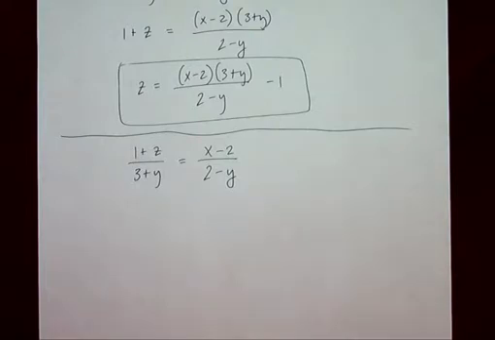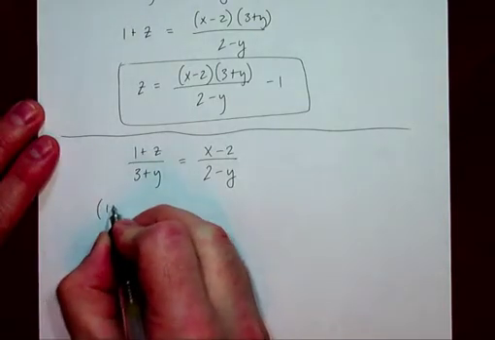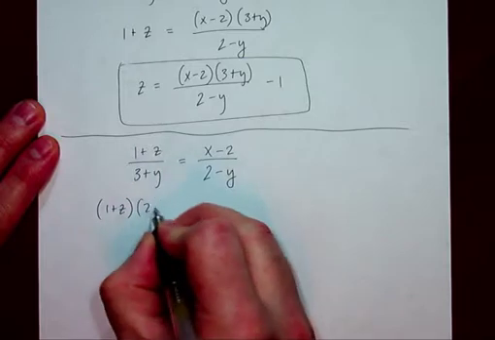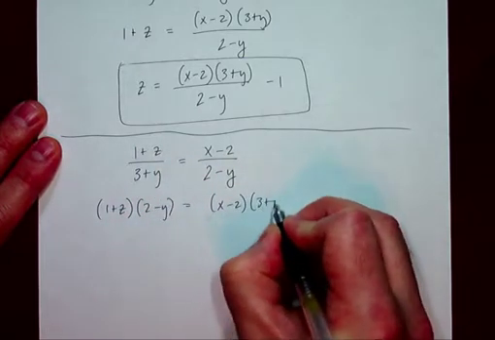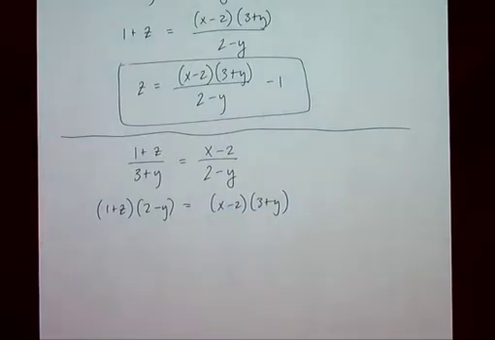Now, if you were to cross multiply, here's what happens. You get 1 plus z and 2 minus y is equal to x minus 2 and 3 plus y. But here's the thing. At this point, because you've cross multiplied when you didn't need to, you're probably going to FOIL when you don't need to.